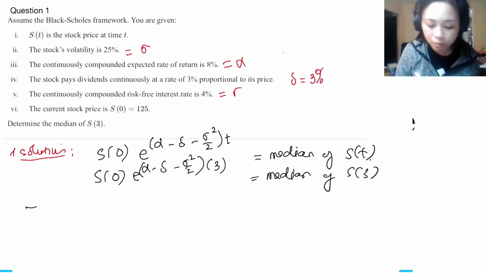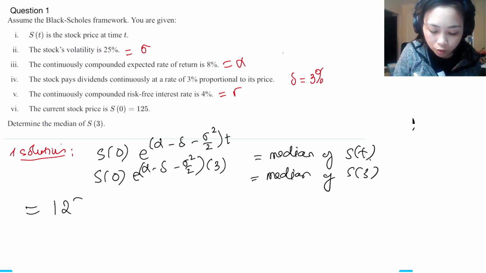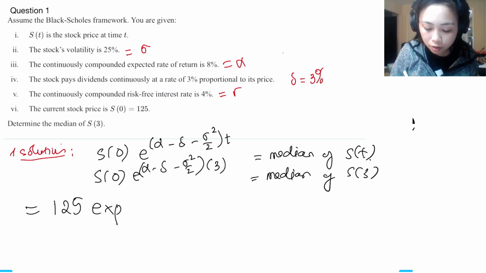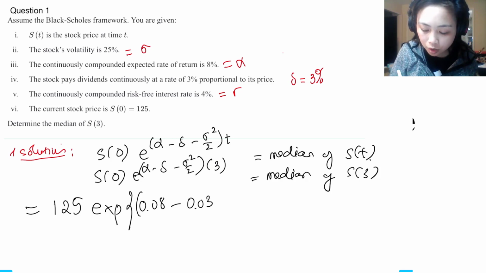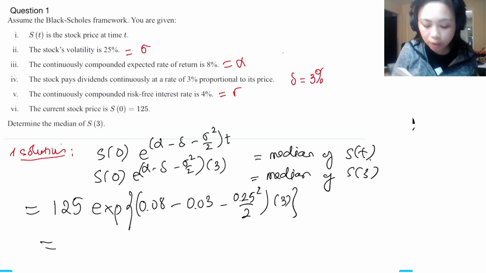Now we have to replace the numbers. First, S of 0 is 125 times exp, which is just e to the something, the same thing with different notation. Here alpha is 0.08, minus delta, 0.03, minus sigma squared, 0.25 squared over 2, the whole thing times 3.